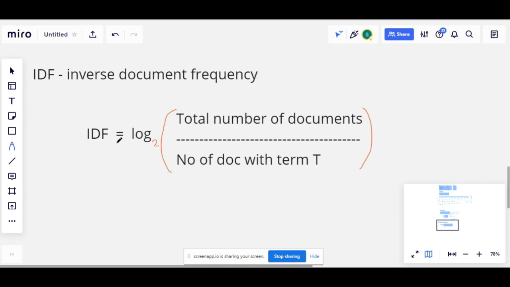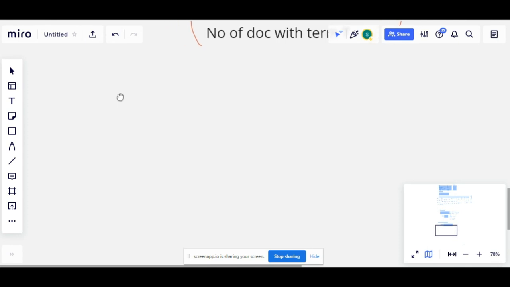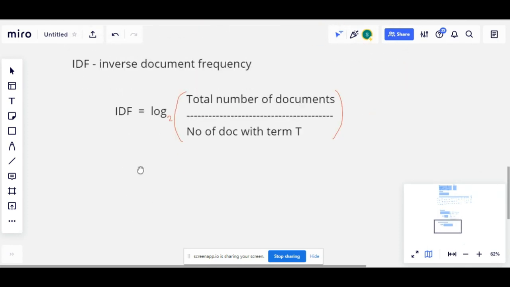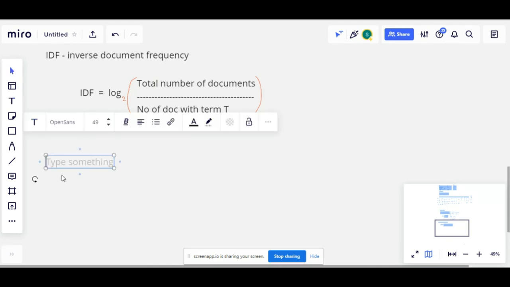So how is IDF useful? I'll explain that with a very simple example. Let's say I have a small corpus where I would like to train a machine to move in different directions. So I will train the machine with various commands.